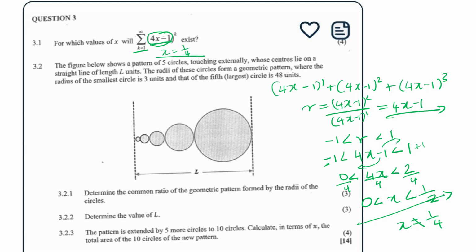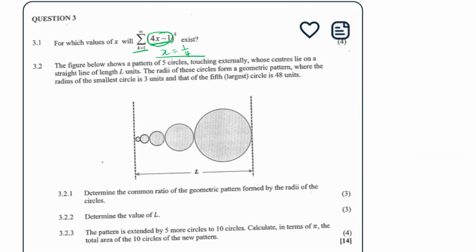Now let's go to 3.2. Right, so then now 3.2. Let's say the figure below shows a pattern of 5 circles touching externally, whose centers lie on a straight line of length L units. The radii of these circles form a geometric pattern.